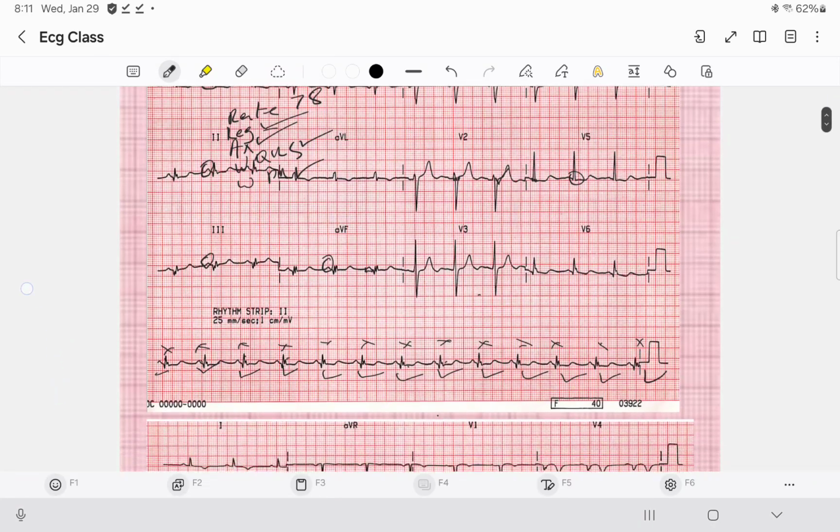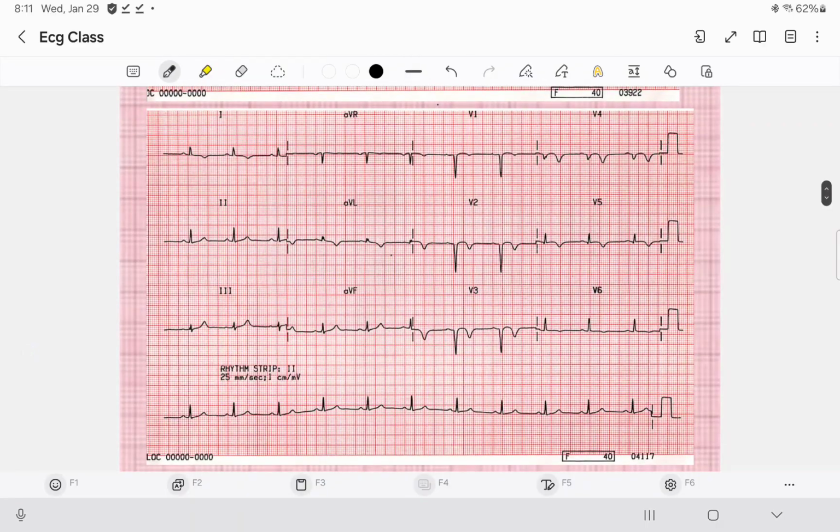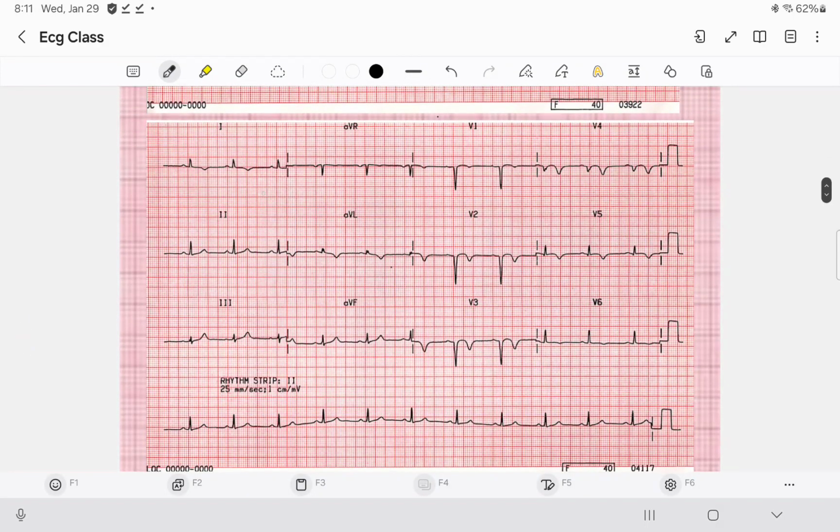So let's do 2 others. Okay, so rate, regularity, axis, QRS width, and PR width, right? So let's go. So this one is regular, right? Both of them were regular. So let us use one of the other methods that we mentioned, right?